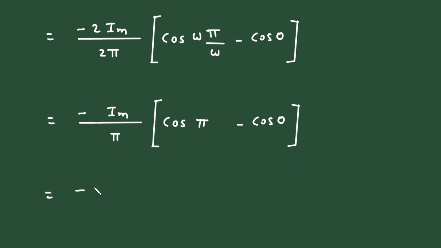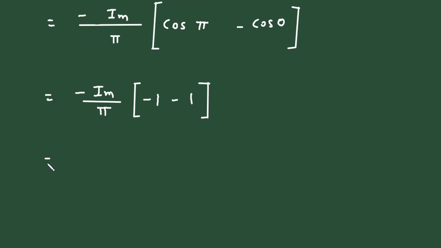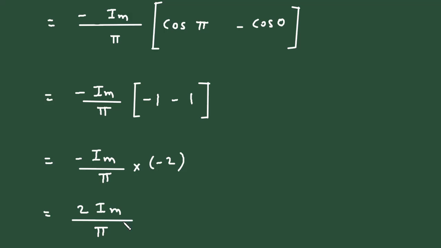Now minus Im divided by pi, in bracket cos pi. The value of cos pi is minus 1, or we can say cos 180 degrees is minus 1. Then minus cos 0, whose value is 1. So this will be minus Im divided by pi multiplied with minus 2. Minus 2 into minus will be plus 2, so 2 Im divided by pi.